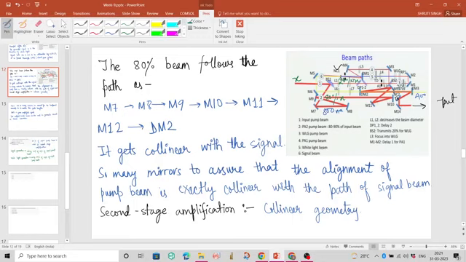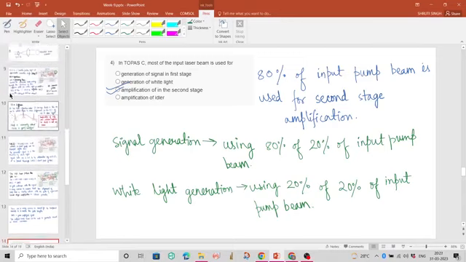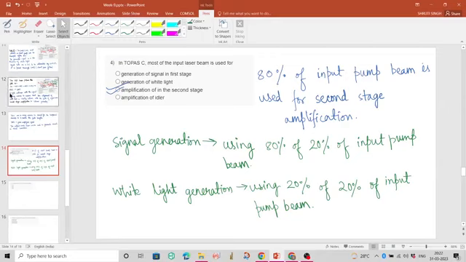So here 20% of 20% x goes, and this part of the beam is 80% of 20% x. Okay, so this is what I wrote here. So I hope the question and the instrumentation of the TOPAS is clear now. Most of the input laser beam is used for amplification in the second stage and not elsewhere. We spent so much time discussing the instrumentation. Let's see the next question.